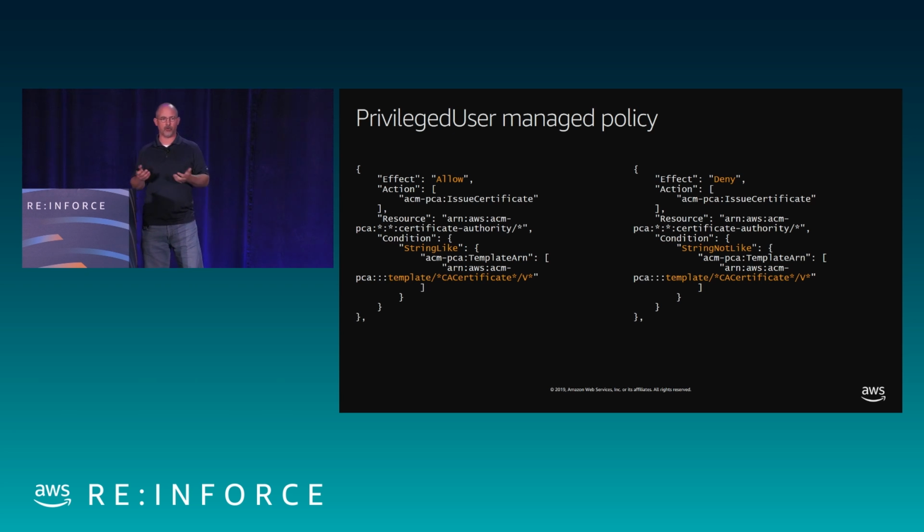So this is going to control who can issue certificates. And it's very specific. The resource, in this case, is any CA. You can actually narrow this down if you want to have different policies for different CAs. You can do that by specifying which resources this applies to. And the condition, string-like, references a template.